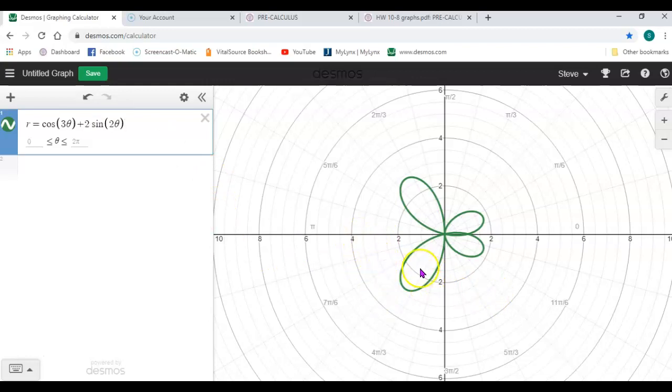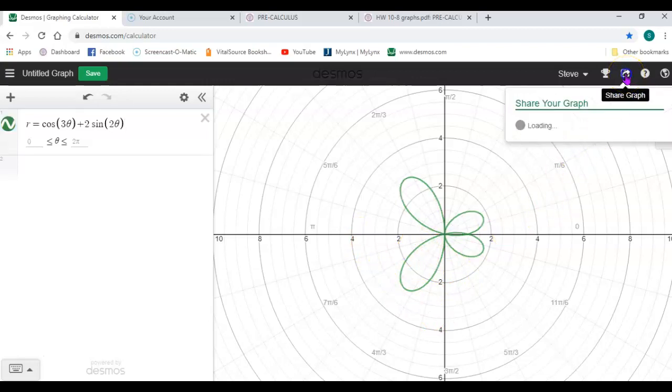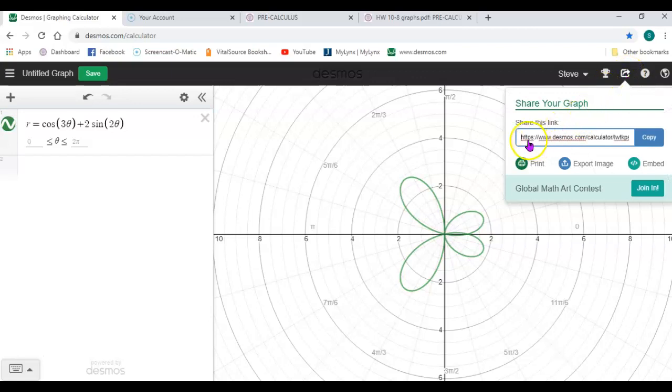Let's say I want to save that and share it with other people. So I can click this little icon up here that says share graph, and it gives me a link. I can just copy that link and then paste it into any other document or posting or wherever you want to paste it.